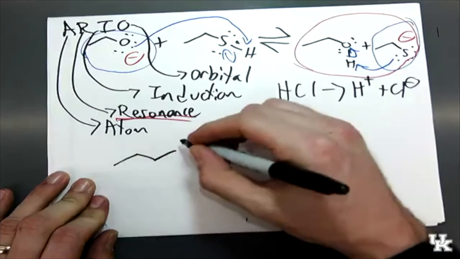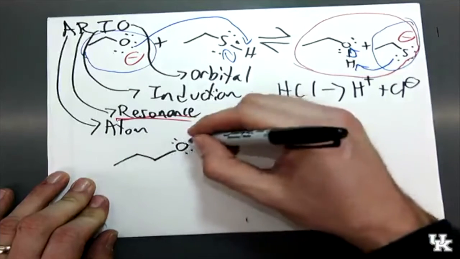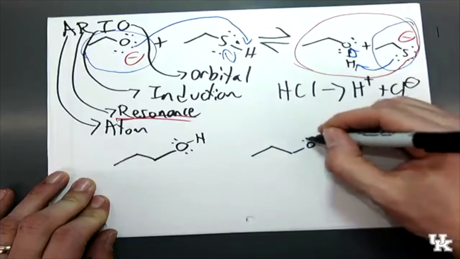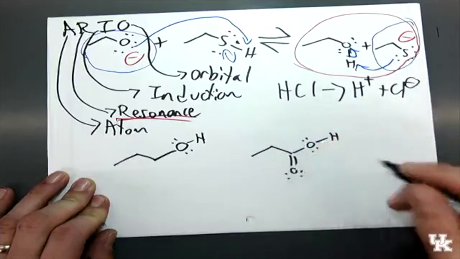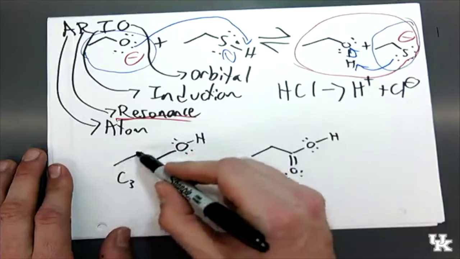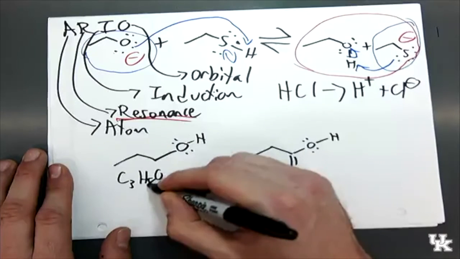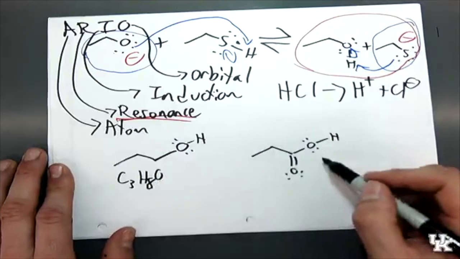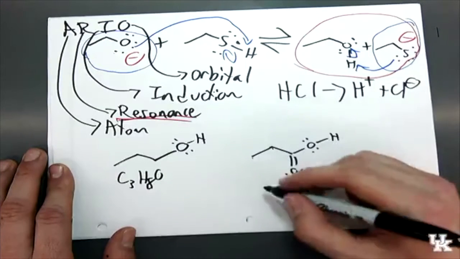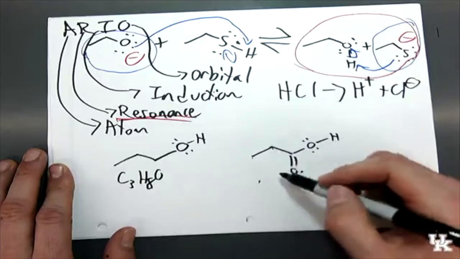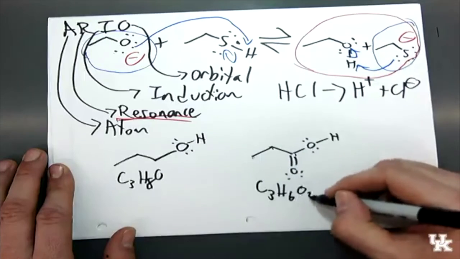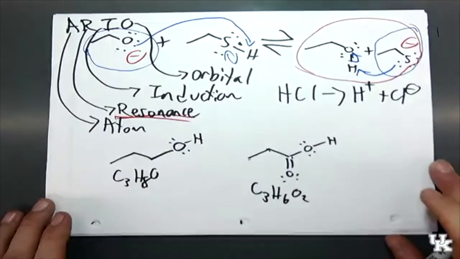So here we have propanol, C3H8O, and propanoic acid, C3H6O2.